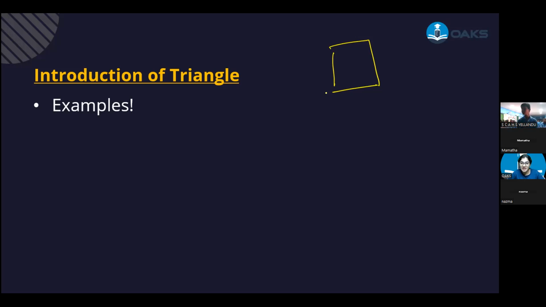Samosa, ma'am. Samosa, right. When we are talking about samosa in 2D, it is in the shape of a triangle. Why were you sitting there? You were imagining samosa and tasting it. Okay, you can sit down. I also like samosa.